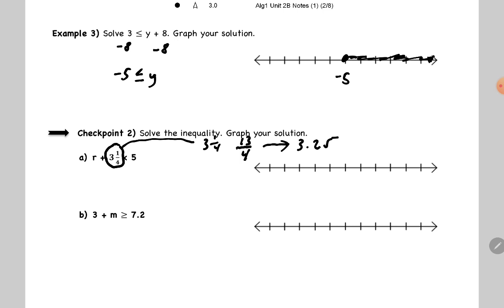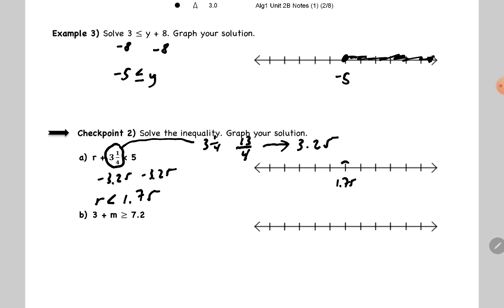So I have r plus 3.25. I'm going to subtract 3.25 from both sides, and I'll get r is less than 1.75. So I put 1.75 here, and then open or closed dot.